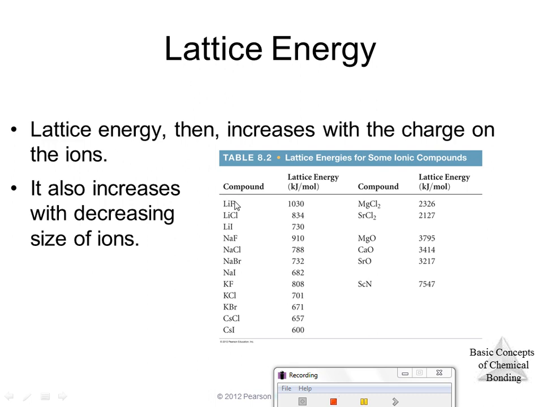Compare lithium fluoride to magnesium chloride. Magnesium chloride has a bigger lattice energy because magnesium has a 2+ charge. You look at sodium chloride, which is in the same period as magnesium, 788 versus 2,326. So again, the charge has a huge effect on lattice energy.